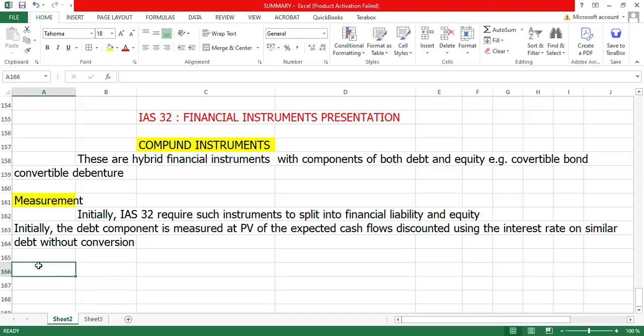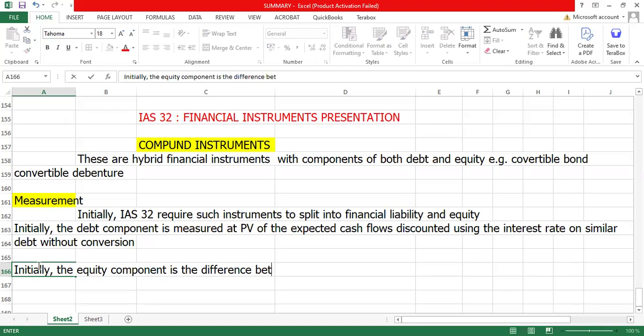Then the equity component, initially, is the difference between total proceeds and the PV of the debt, the financial liability.